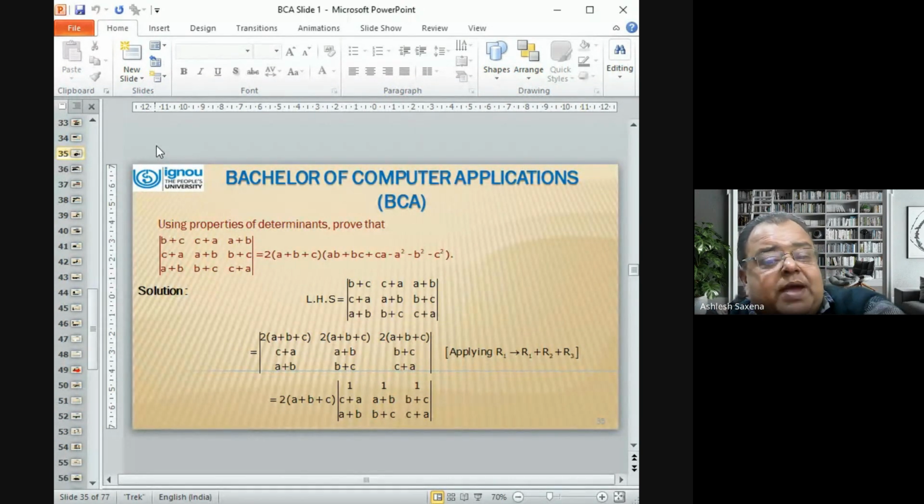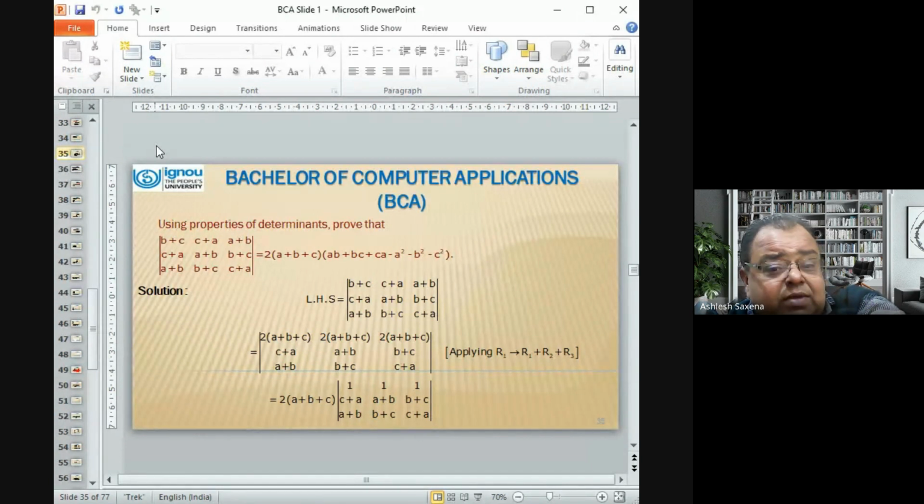Now, coming back to the problem, I have 1, 1, 1 in row 1. That means I have to convert these three ones into two zeros.